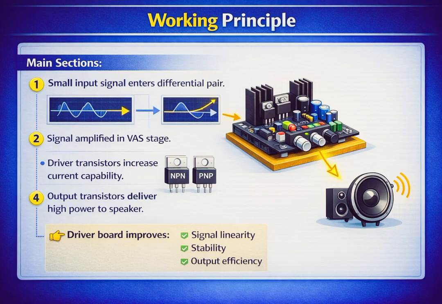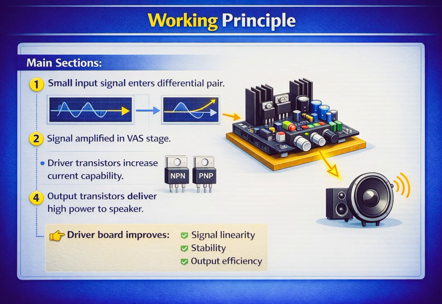When a small input signal enters the circuit, it first goes to the differential amplifier. The differential amplifier processes the signal and sends it to the voltage amplification stage. In the VAS stage, the signal voltage is significantly increased. Next, the signal moves to the driver transistor stage.